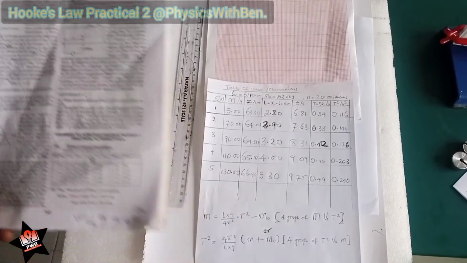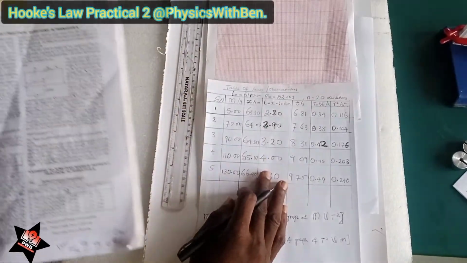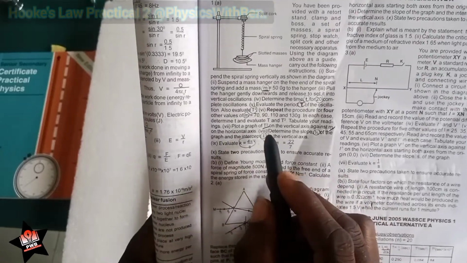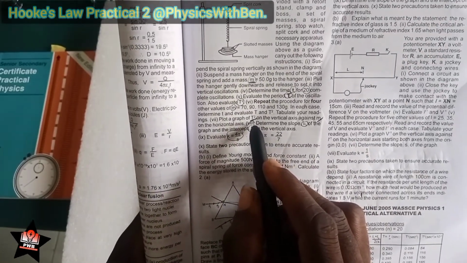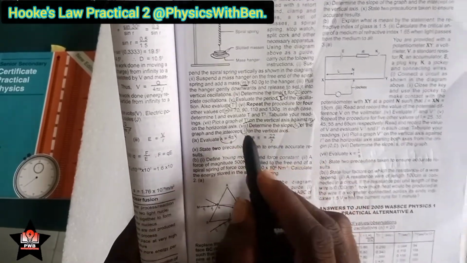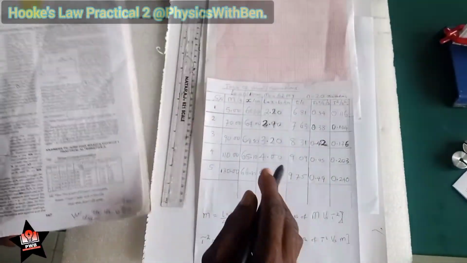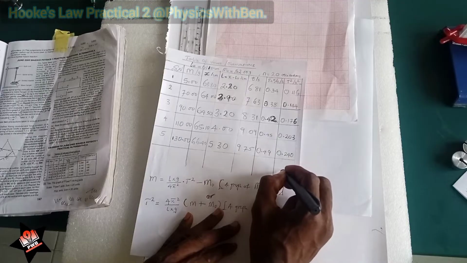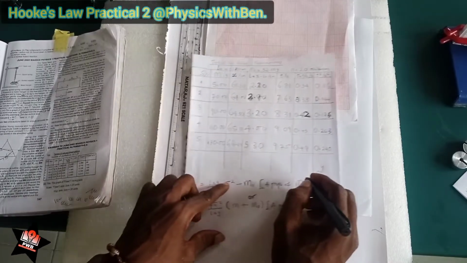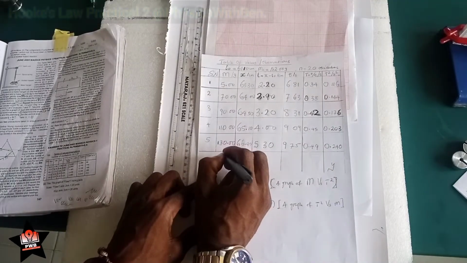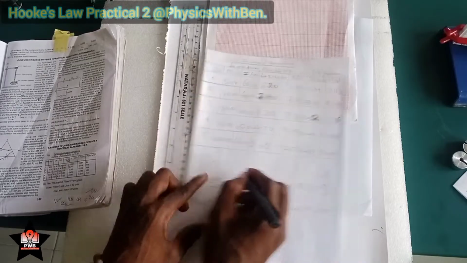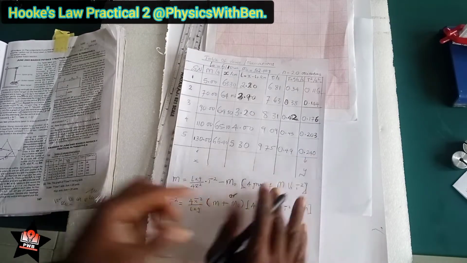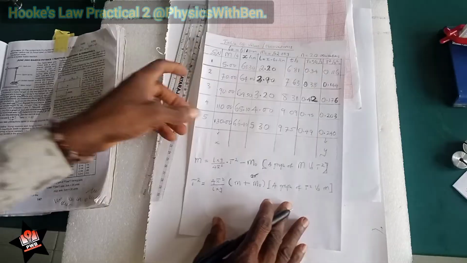So pick up your WAEC standard graph and let's do it together. The examiners asked us to plot the graph of T squared on the vertical axis and m on the horizontal axis. So we are going to choose a scale, this on the vertical and the m on the horizontal. Good.